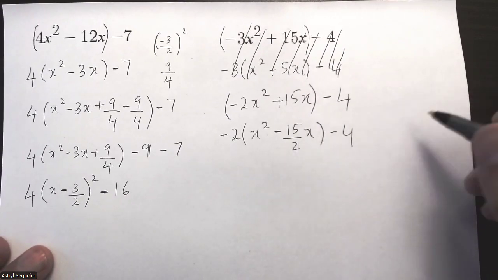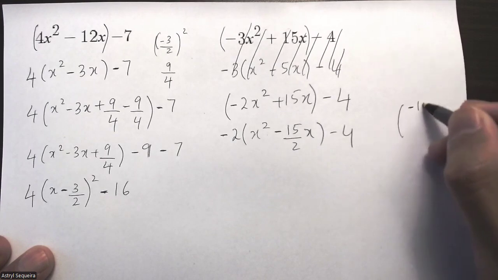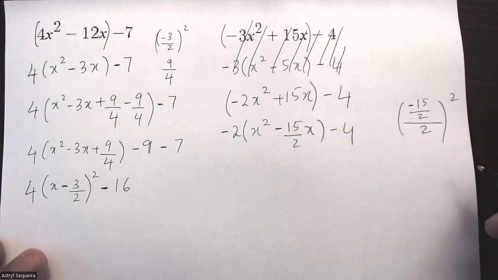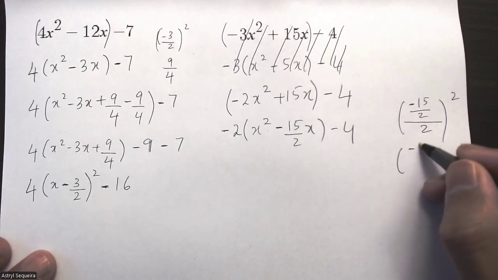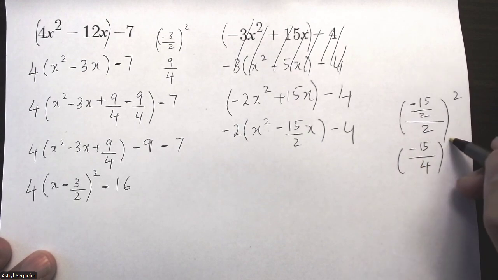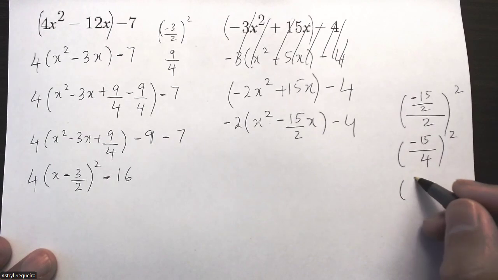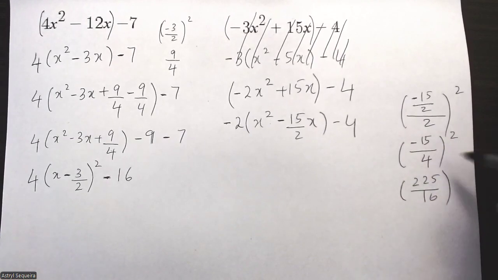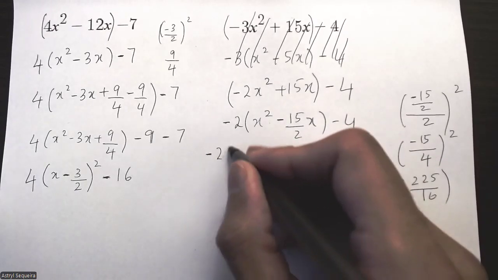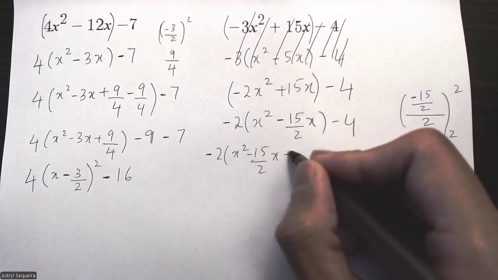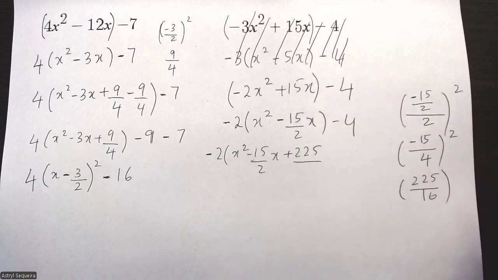To find my magic number, I have to do negative 15 over 2 divided by 2 squared, which is negative 15 over 4 squared, which is 225 over 16. So finding the magic number for this last question is a bit difficult, but I'm going to add and subtract that inside my bracket.